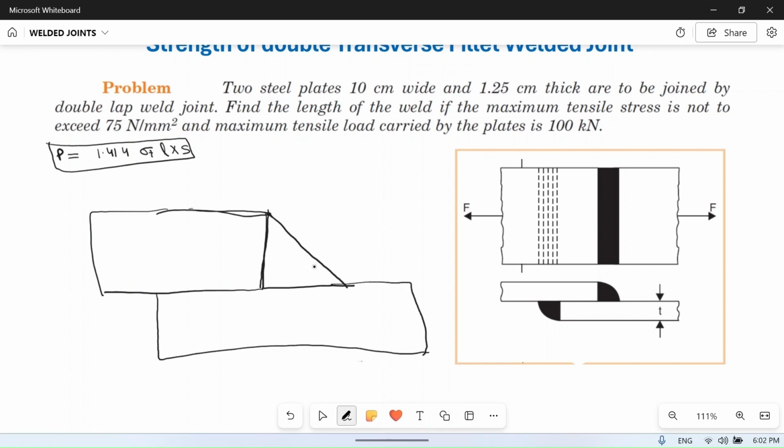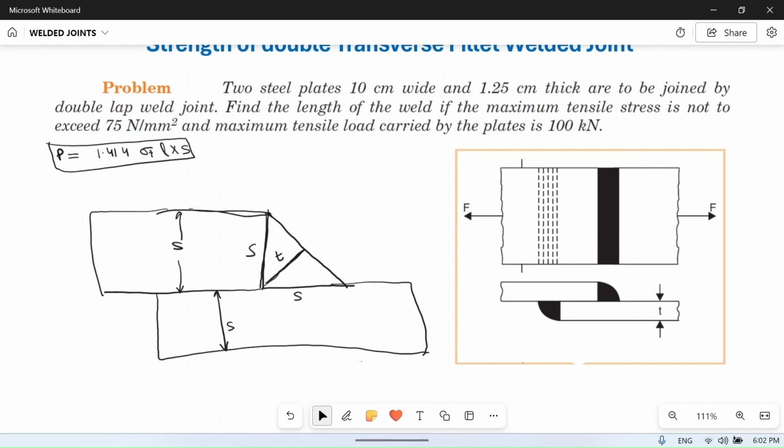So this is the fillet. If the thickness of the plate is S, this plate thickness is also S, and we assume this leg is also S. This is the leg size of the weld, the same as the plate thickness, and this is T, the throat of the weld.